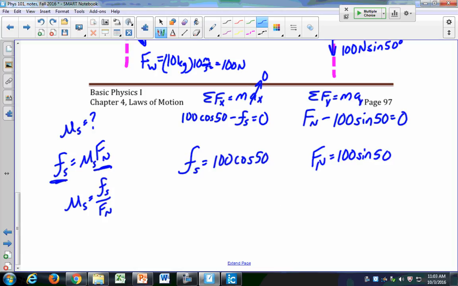And so my mu_s is going to be 100 cosine 50 over 100 sine of 50. The static frictional force divided by the normal force, and that's equal to point what? 0.49.